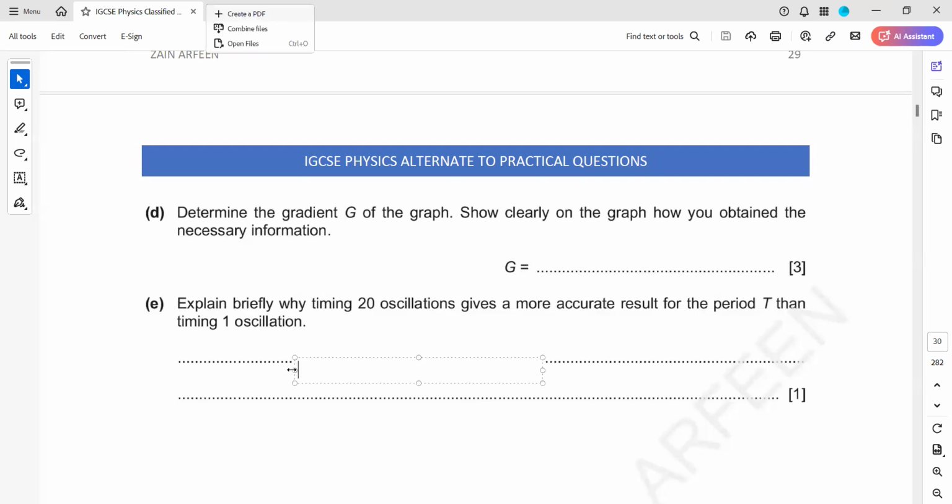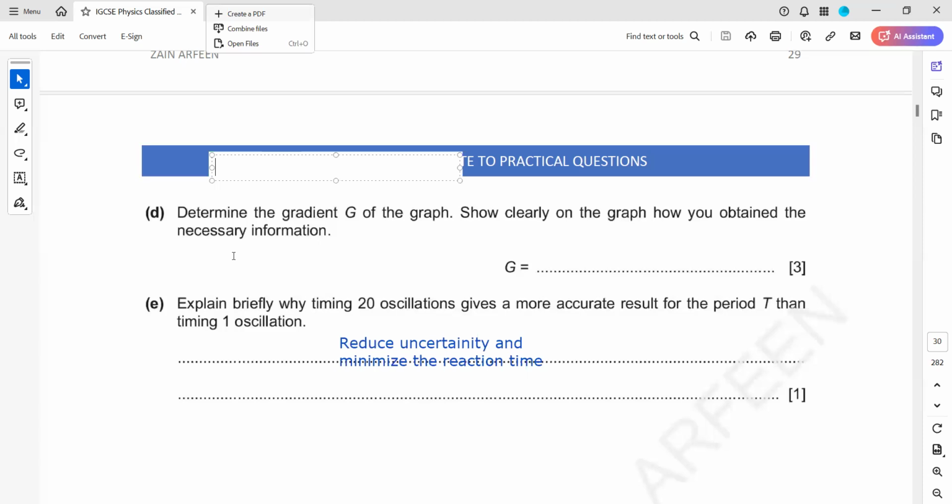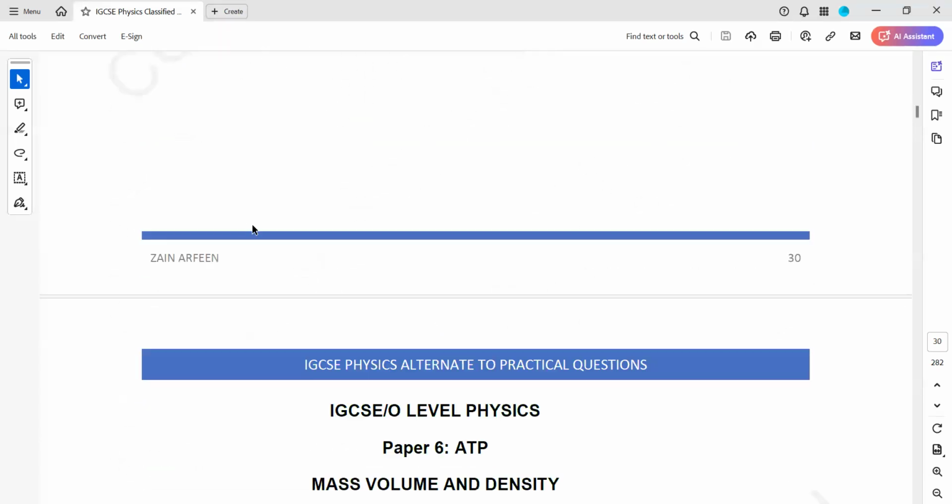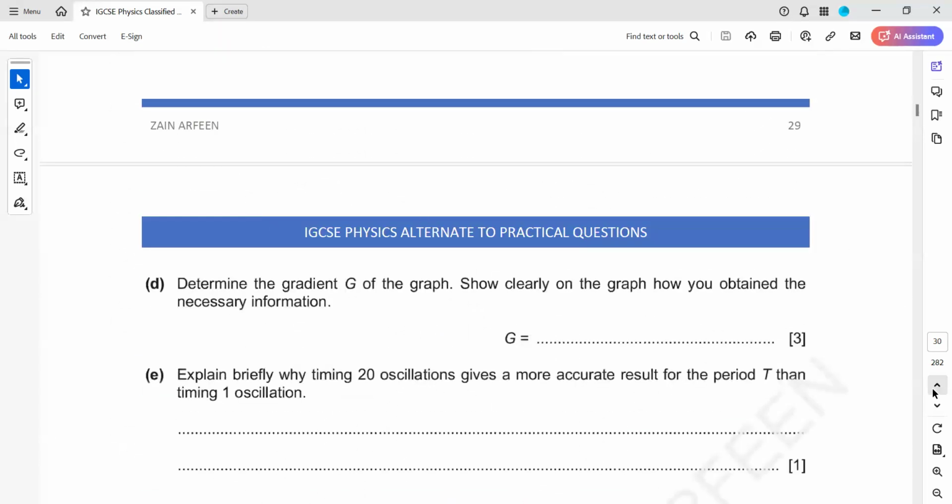So we'll mention it reduces the uncertainty and minimizes the reaction time. This is always the case: recording the time for more oscillations rather than a single oscillation. So this was question 8 from the topic time period.